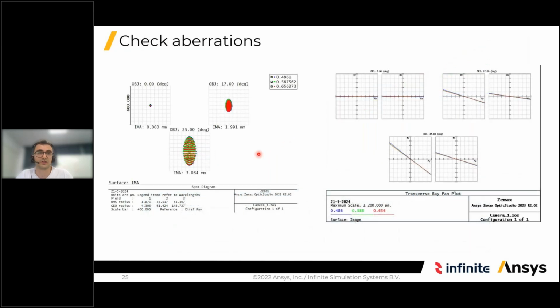So we can check the aberrations, and as expected, the on-axis field is very nicely focused, but the other ones are not so well focused. You can also see it in the ray diagrams. Here we have it completely flat, which is good, but here we have a curve, a slope.